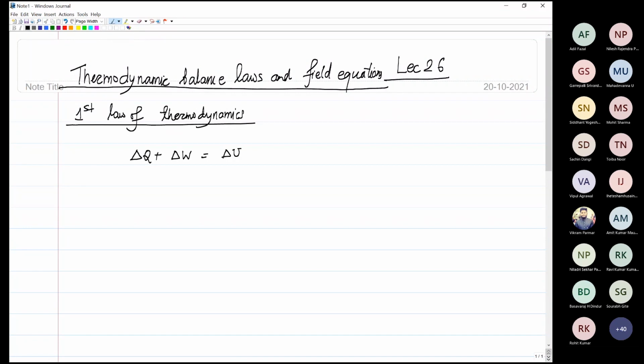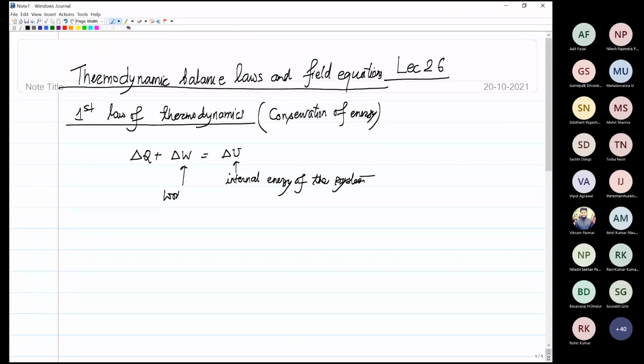Of course, it's the principle of conservation of energy, so this is also called conservation of energy. U here denotes the internal energy of the system, this is the work done, and this is the heat supplied.